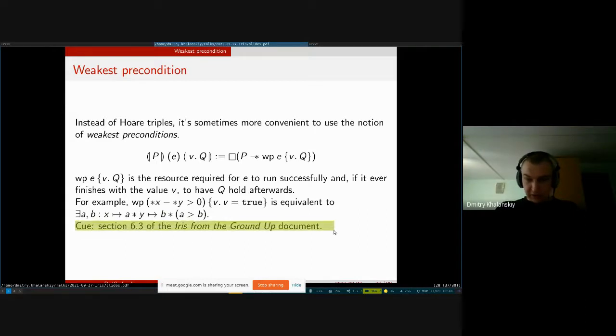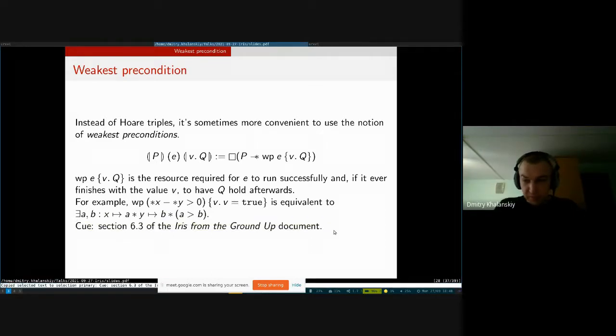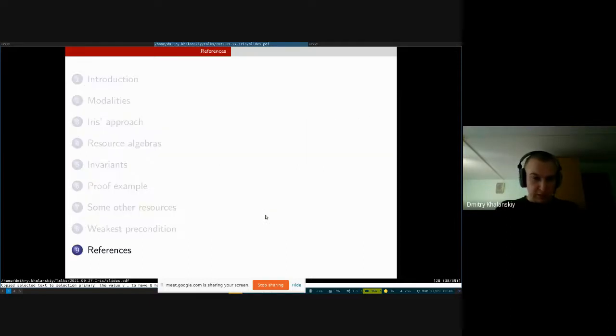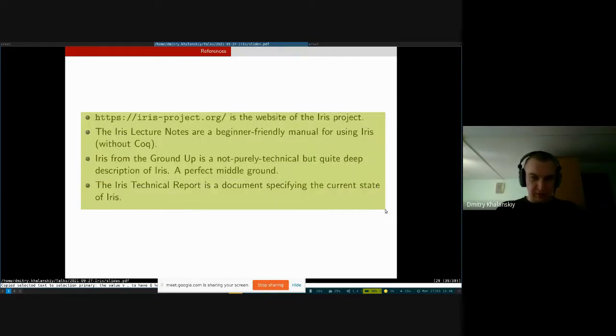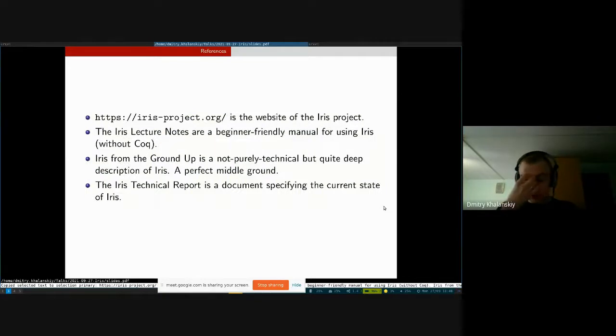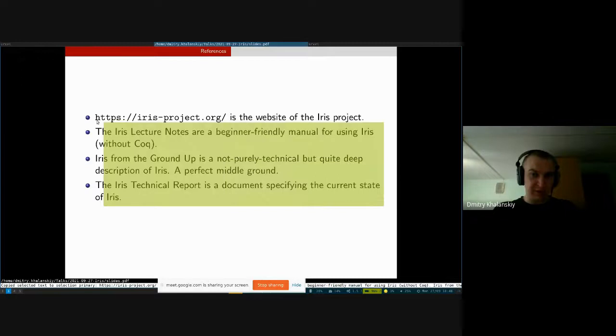And here I will show you the beginning of the document called Iris from the ground up, section 6.3 that discusses the weakest preconditions. And I will be done with the slides. Here are some references. If you want to study Iris on your own, this will probably be enough.